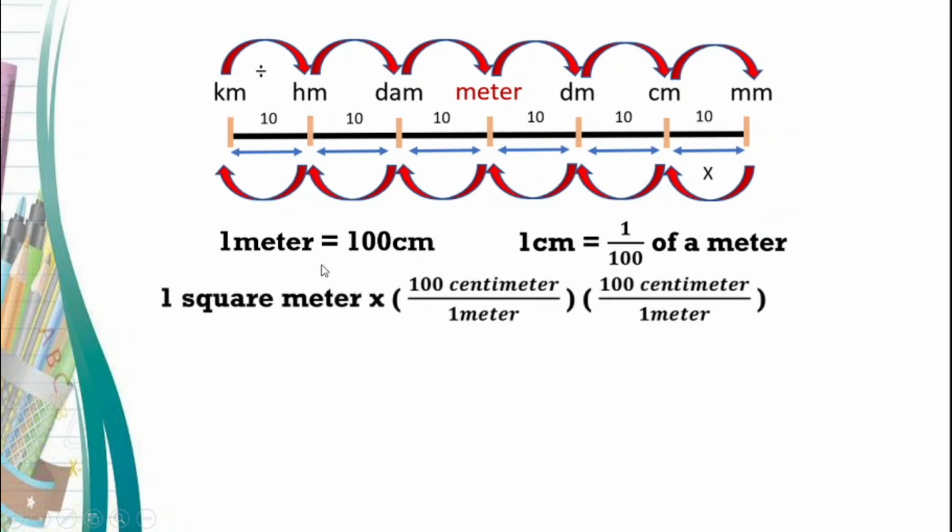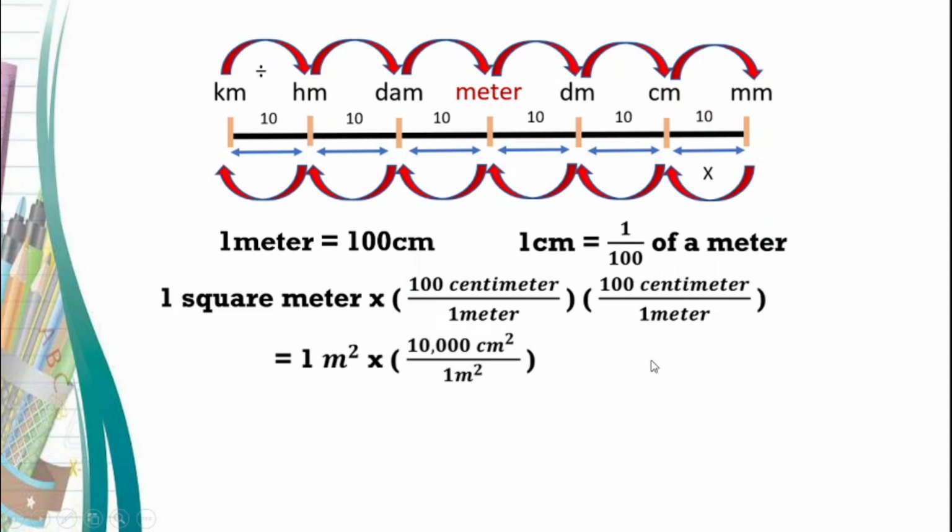And we can represent 1 square meter by multiplying 1 meter by 100 centimeters over a meter, because if we divide 100 centimeters by 1 meter, it is equivalent to 1, because 100 centimeters is equivalent to 1 meter.